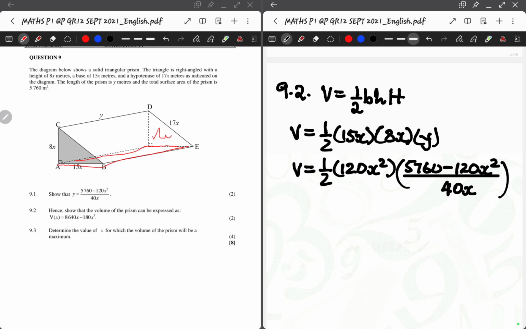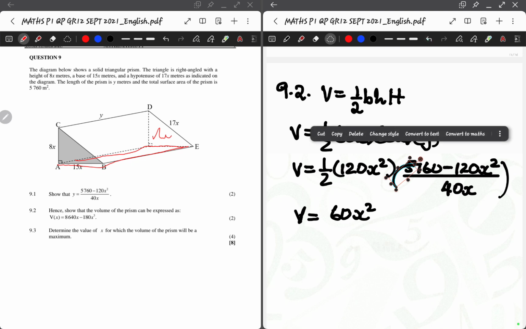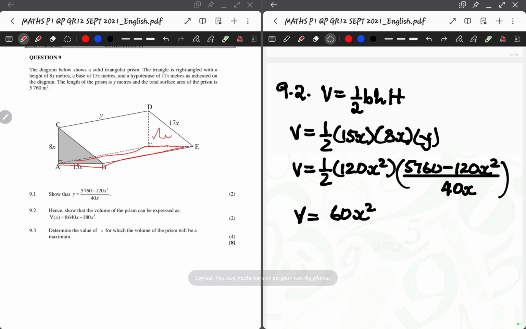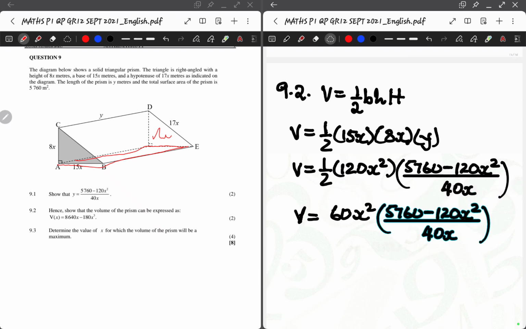Then V equals 120 times half, that would be 60x squared. I could just copy this and have it down here. Let's see what's going to happen.